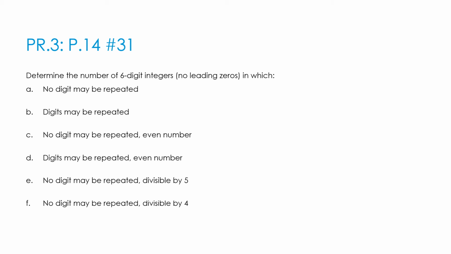So before I started this question, I just started by looking at this without even looking at A, B, C, D, or F. I said, I've got 6 numbers. And I didn't look at any of the restrictions except for it says no leading zeros. So I know that the digits include the numbers 0 through 9. So the first digit can not be 0 through 9 because it can't be a leading 0.